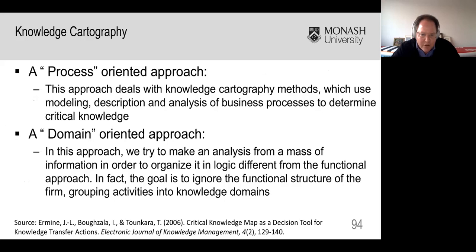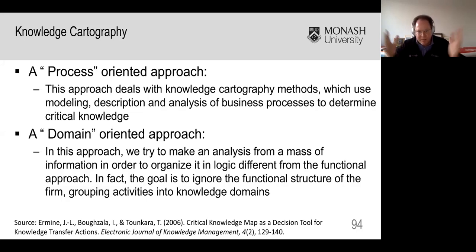So here, knowledge cartography can be divided into either a process or a domain-oriented approach. The process approach deals with the cartography method, which uses modeling, description, and analysis of business processes to determine critical knowledge. And the domain approach is where we try to make an analysis from a mass of information in order to organize it in a logic different from the functional approach.